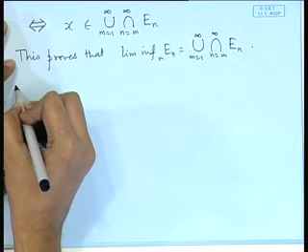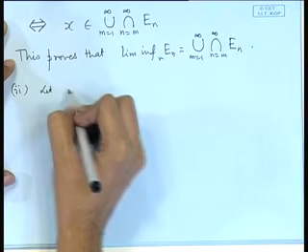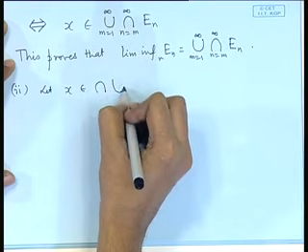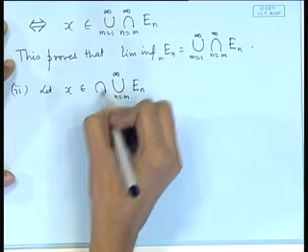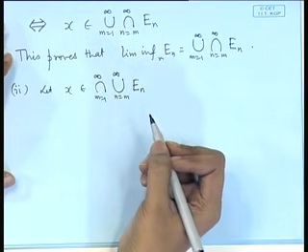If we apply the same argument for the limit superior, then we get that if x belongs to intersection union E n, n is equal to m to infinity, m is equal to 1 to infinity. So, I am taking the right hand side first.